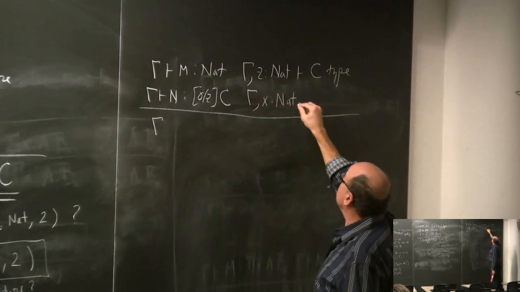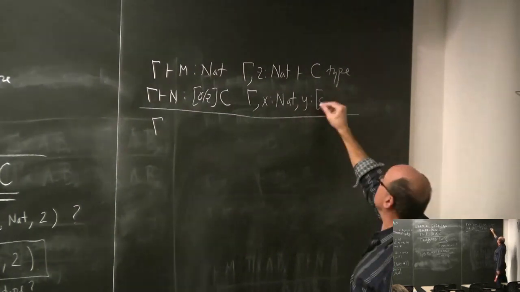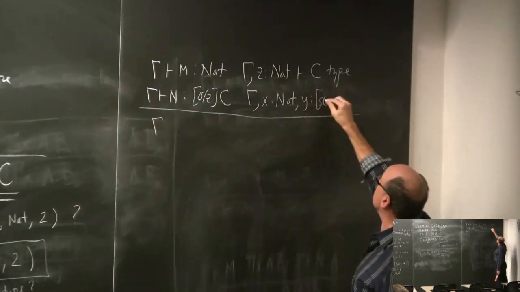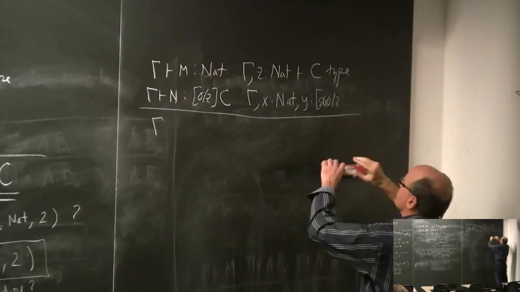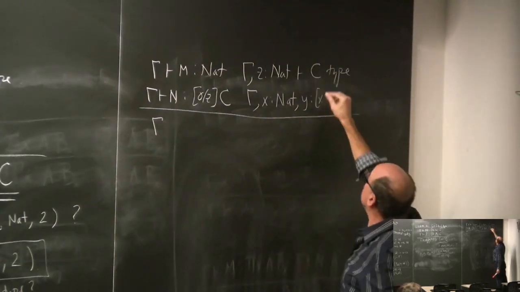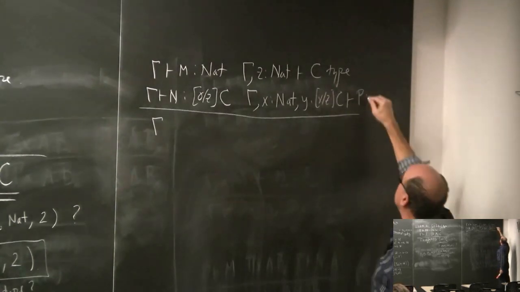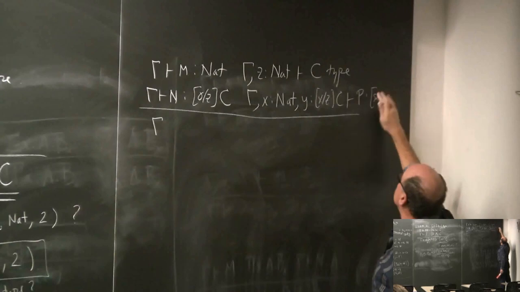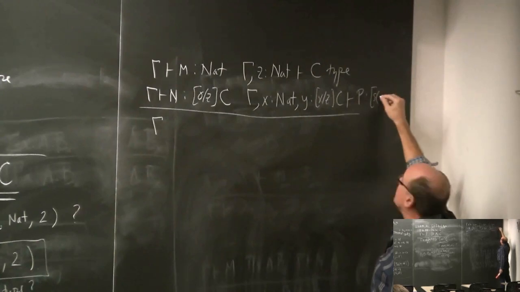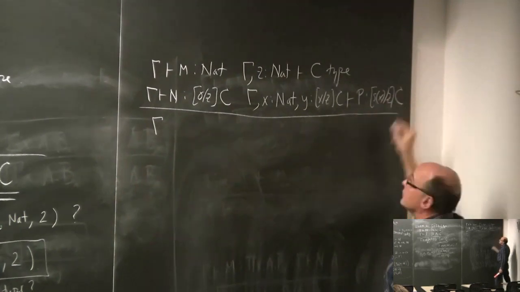Let me write it down and then I'll explain what's going on. So this is successor of x for z. Oh, no, it's not. That's a lie. X for ZC, prove P is successor of X for Z and C. It's exactly what you think.